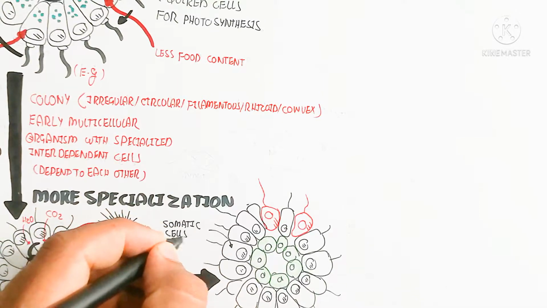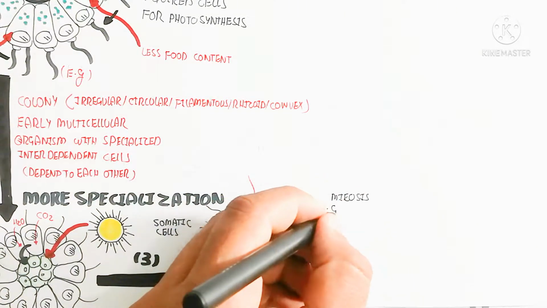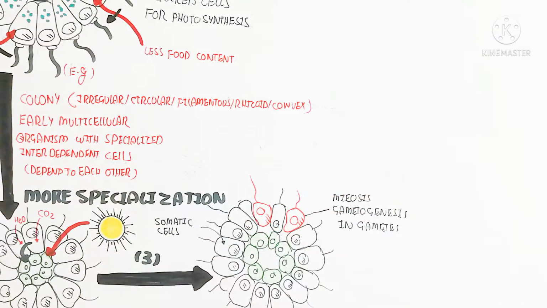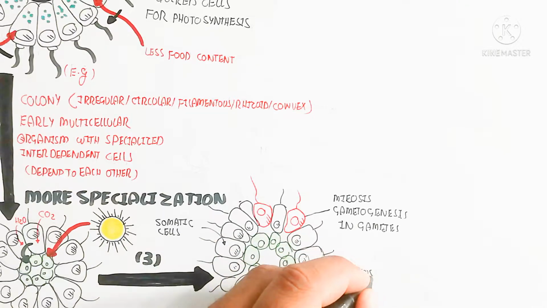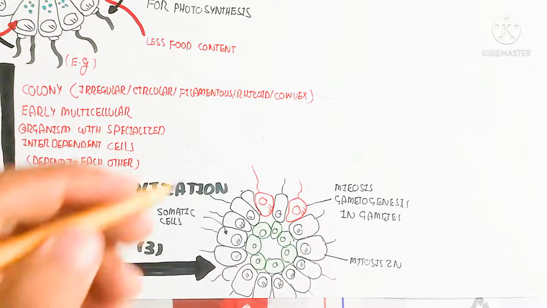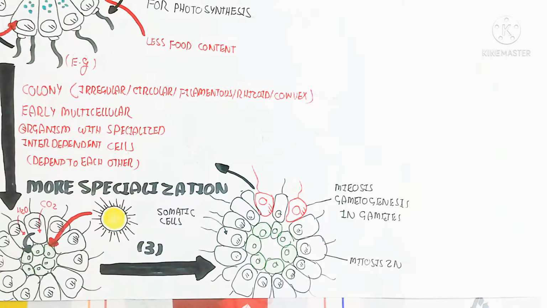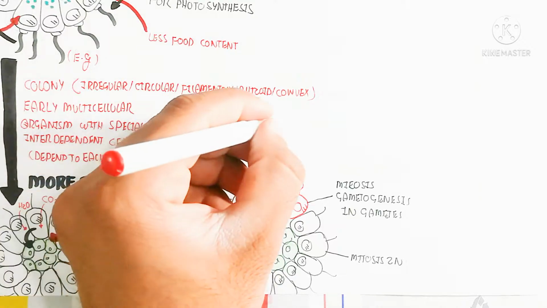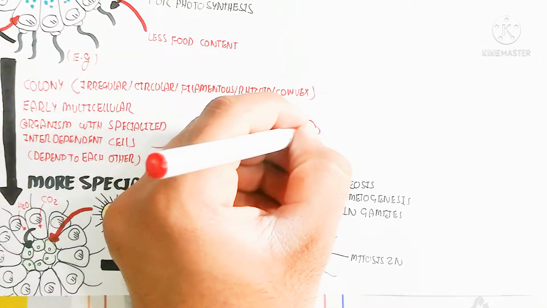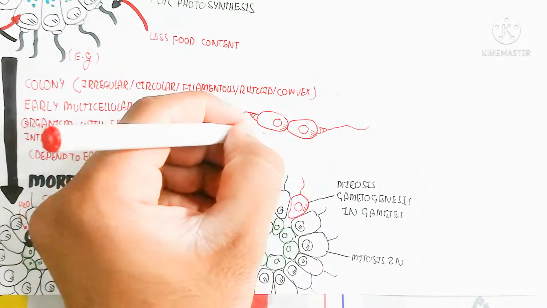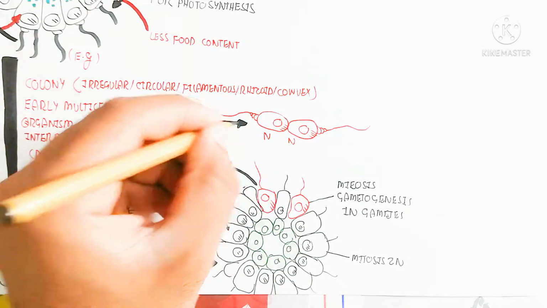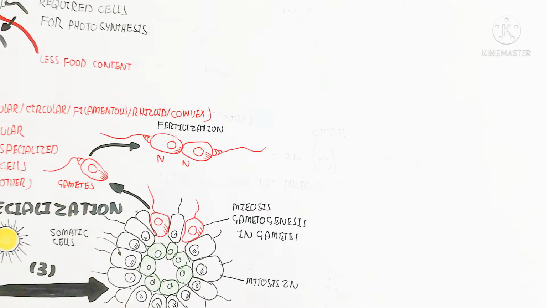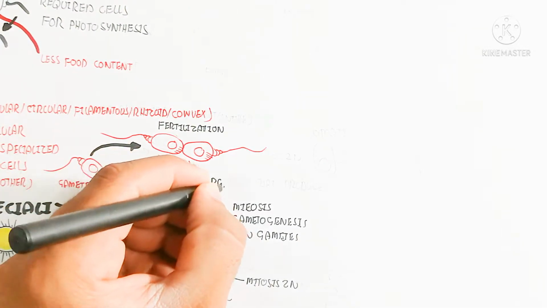The third step is that sexual reproduction will be enhanced. In this way, the somatic cells reproduce, and sexual reproduction also occurs in individual cells via sexual contact, but we will not understand it in detail. Here you can see gamete formation through meiosis, so gametogenesis will occur with haploid formation. This haploid cell from a different colony will be fertilized, and the somatic cells also reproduce asexually.